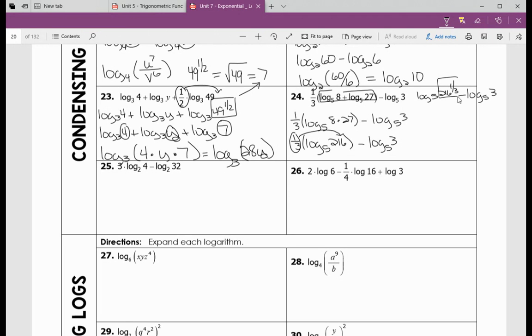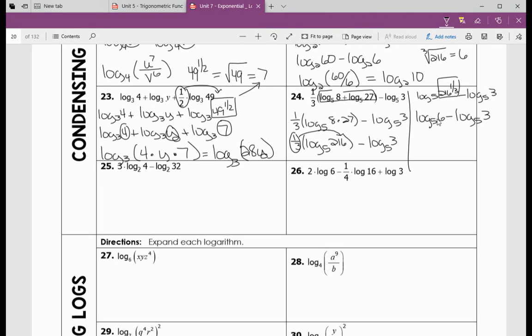216 to the 1/3 power, that becomes the cube root of 216. And the cube root of 216, if I'm not mistaken, is 6. Let me double check. Okay. So I'm going to replace that with log base 5 of 6 minus log base 5 of 3.